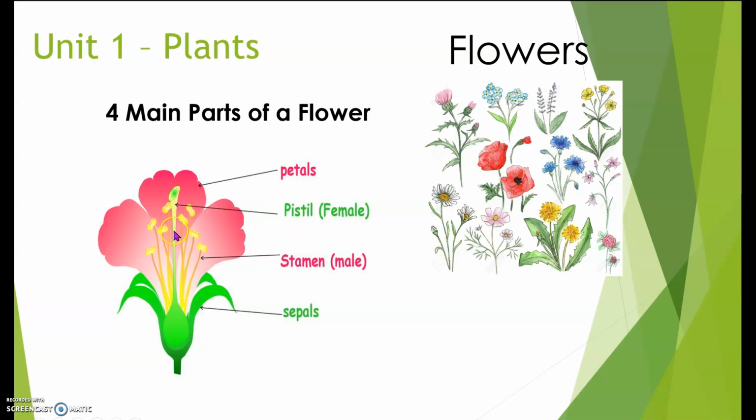So this is the pistil, or the female organ system of a flower. Next, everybody, stamen. Very good. Stamen, the yellow one, is the male organ system of a flower.